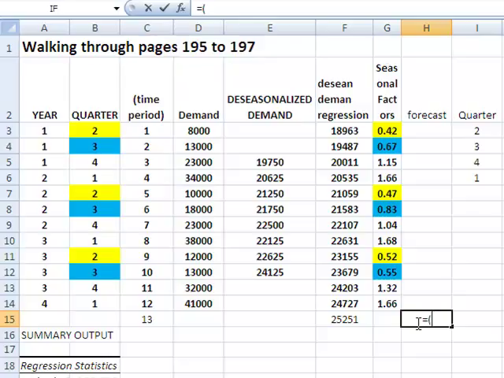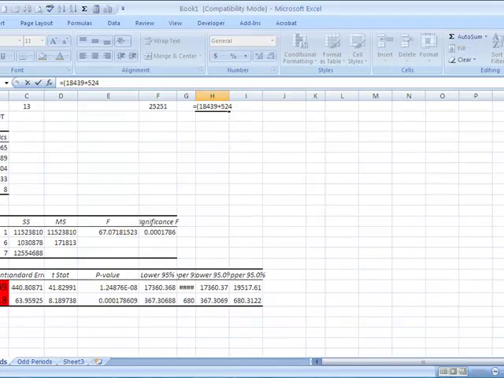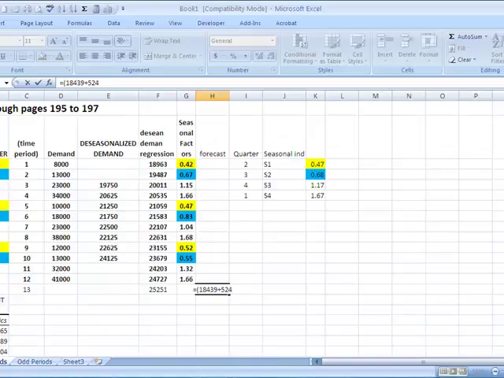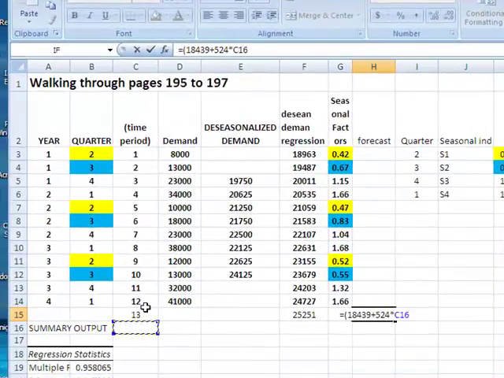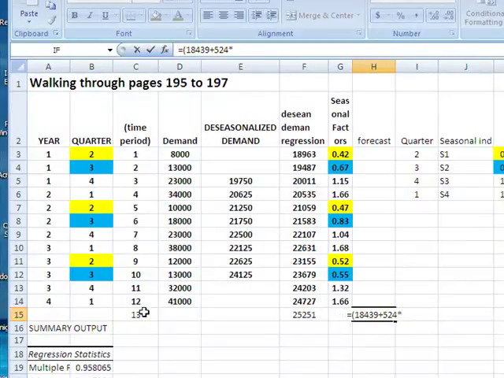That would be the 18,000, what was the number? I forget. 18,439 plus the 524. I want to make sure I got that. Yeah, 524 times 13.